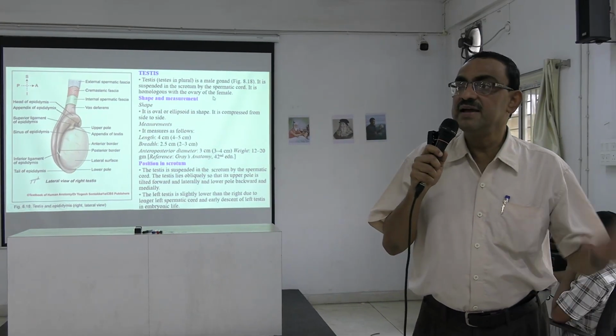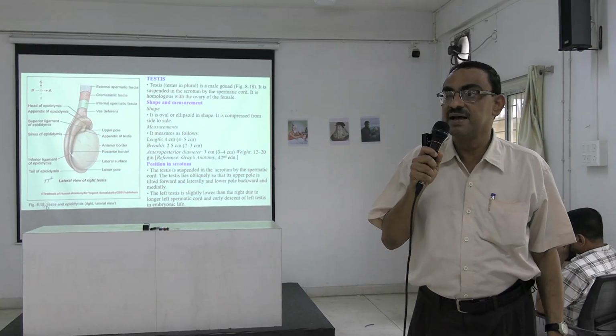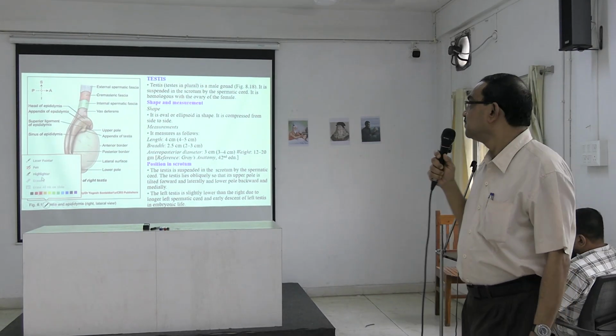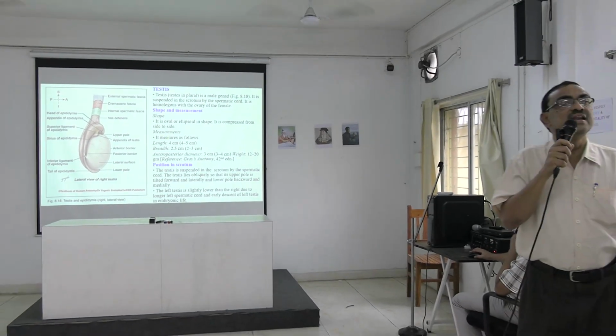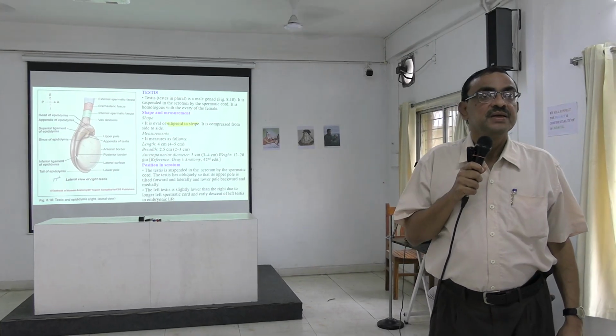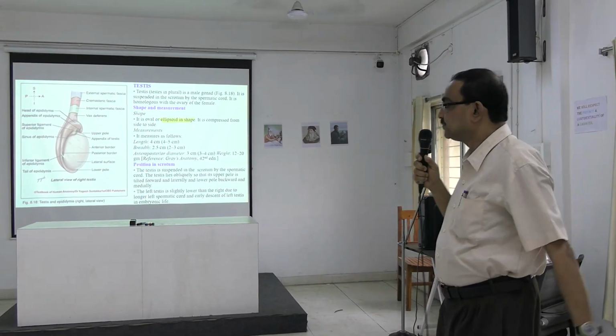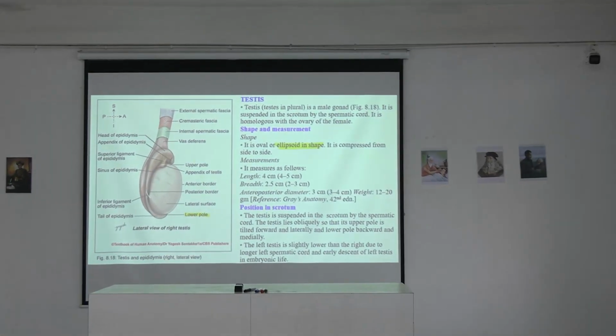I have told you that it is placed in the scrotal sac. What is the shape? It is elliptical in shape. It has an upper pole and a lower pole.